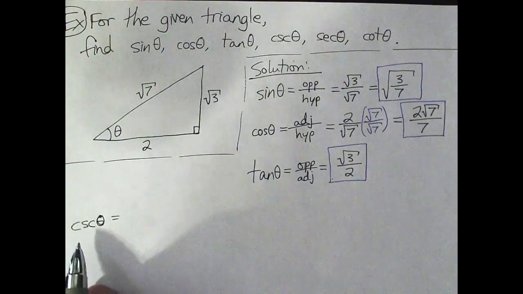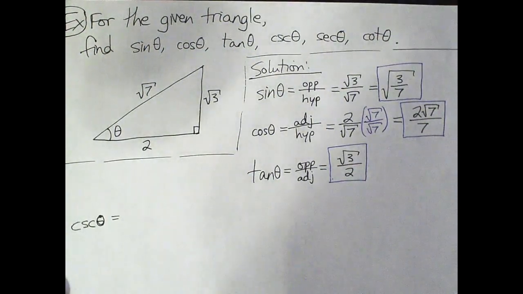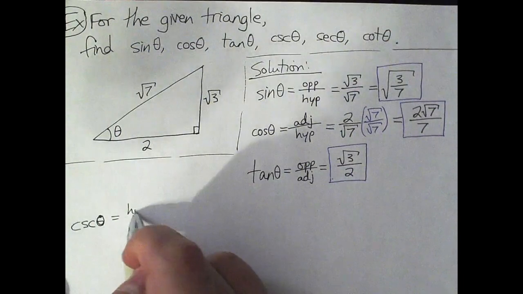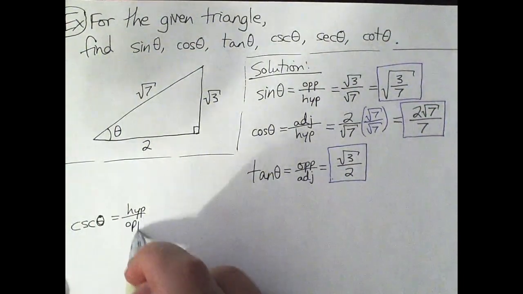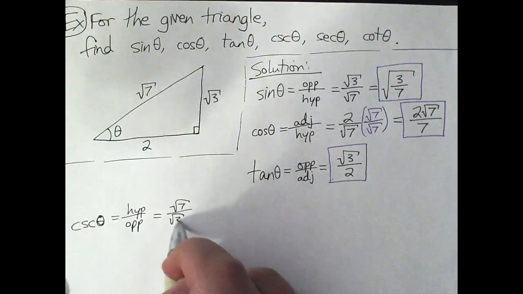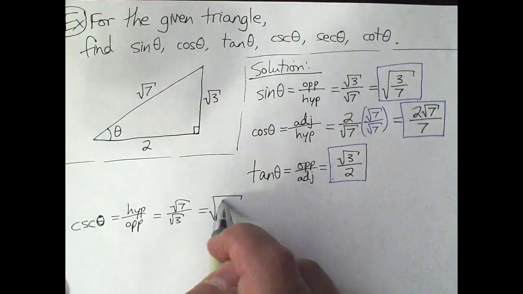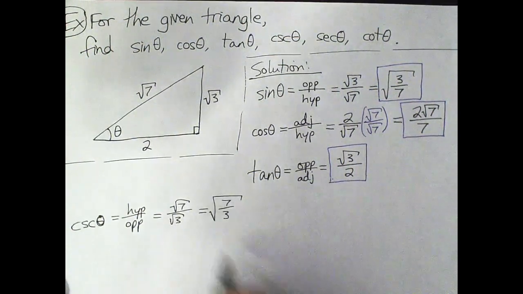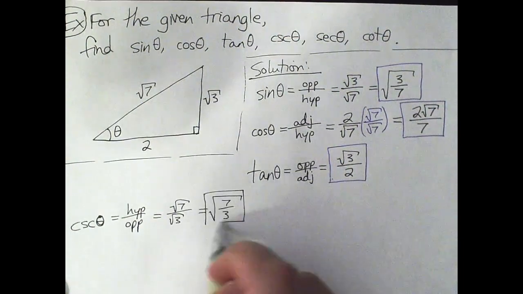Okay, let's find the other 3 trigonometric ratios. So this is going to be the hypotenuse over opposite. So square root of 7 over square root of 3. And again, I'm going to combine it and make it the square root of 7/3.